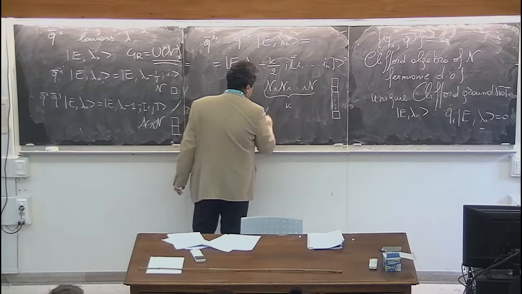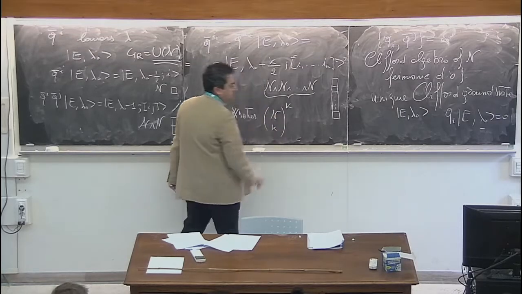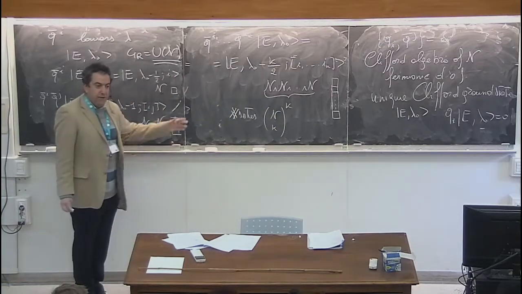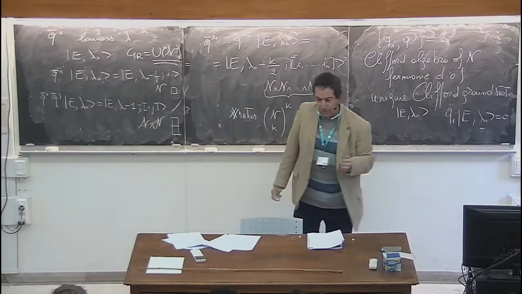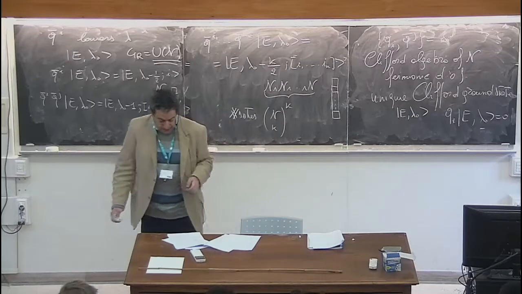For each value of k, number of generators Q bar acting on the ground state, I have n over k binomial.